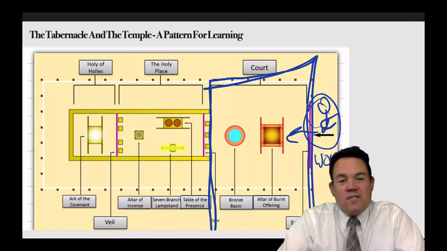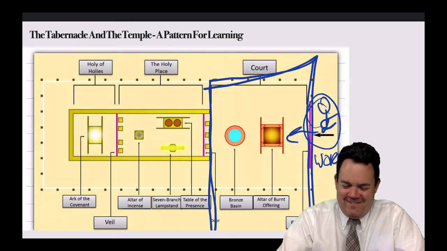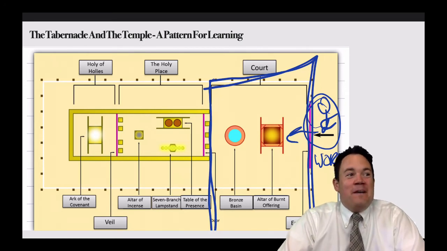Not just if somebody gets cut or something like that, but we're talking more about things regarding women and menstruation, or men and, we'll just say, I hope you know what I'm saying. So that would render a man ritually unclean, okay? And some of those don't make a whole lot of sense.